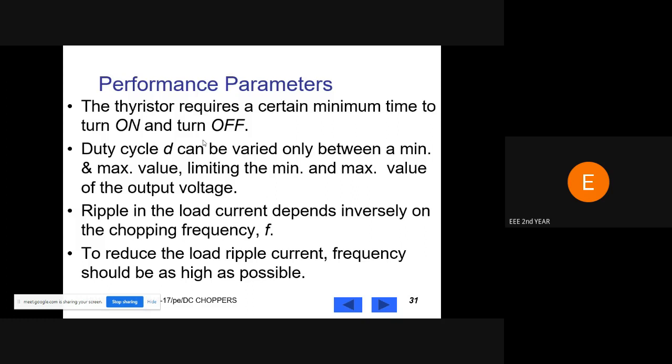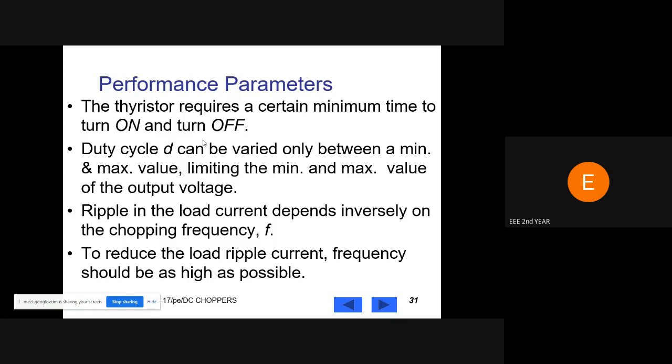These are the performance parameters used for analysis. First, the thyristor requires a certain minimum time to turn on and turn off, because the SCR is not a self-commutating device. The duty cycle D can be varied only between a minimum and a maximum value, which limits the minimum and maximum output voltage.